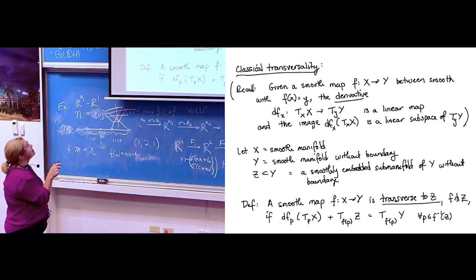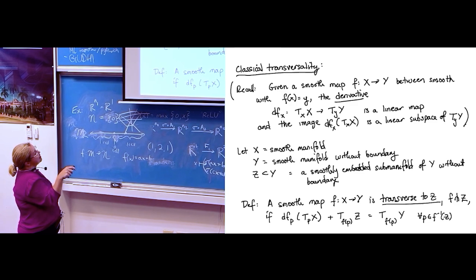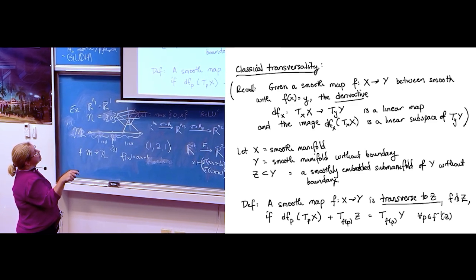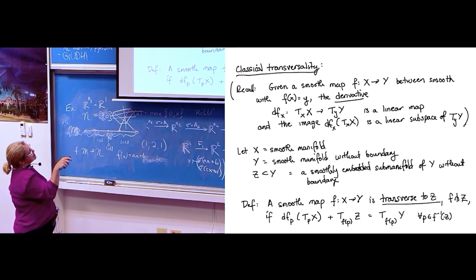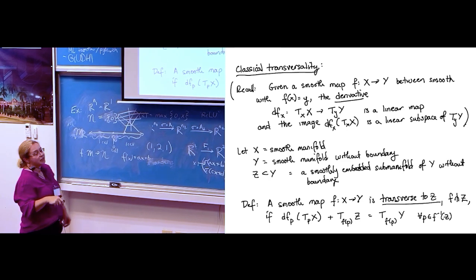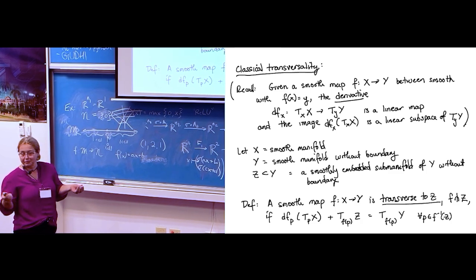It is defined in the smooth setting. That is, you have a map between smooth manifolds that's smooth. Not the situation we're in. We're working with piecewise linear things, which are definitely not smooth.